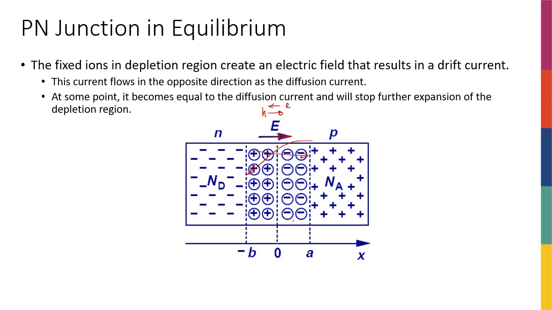And at the point that we reach equilibrium, at the point that the depletion region stops growing, these two forces become equal, these two currents become equal. Therefore, we can say that there's no net movement of charges from right to left or left to right. Okay?